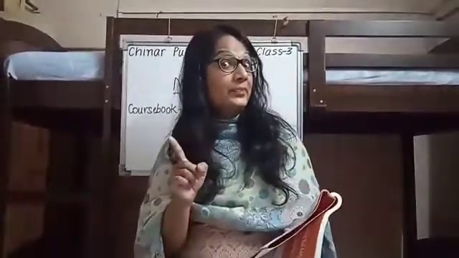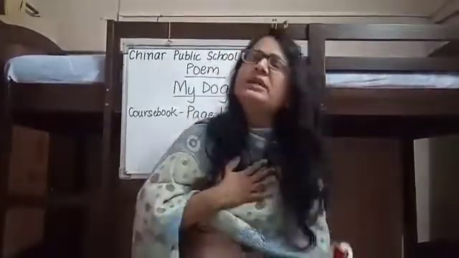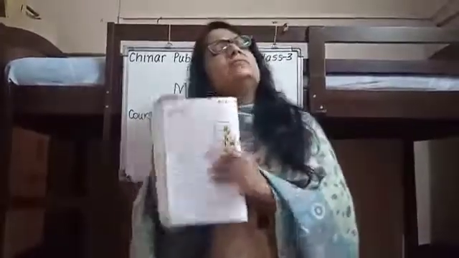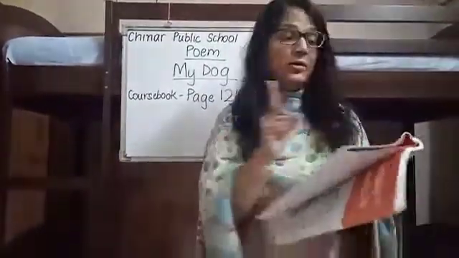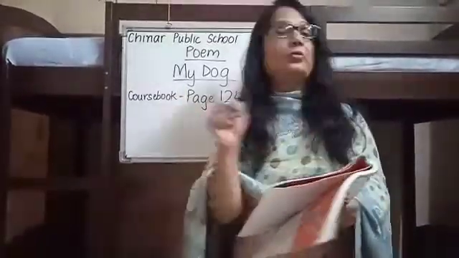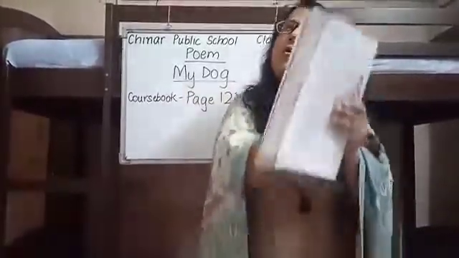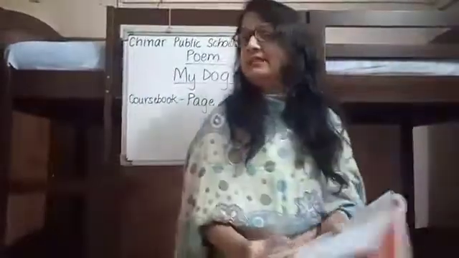For though he is as bad can be. The poet is saying that I know that he is very bad. That dog is very bad. Okay, but I will not change that dog. I won't change that dog for all the treasures of the sea.